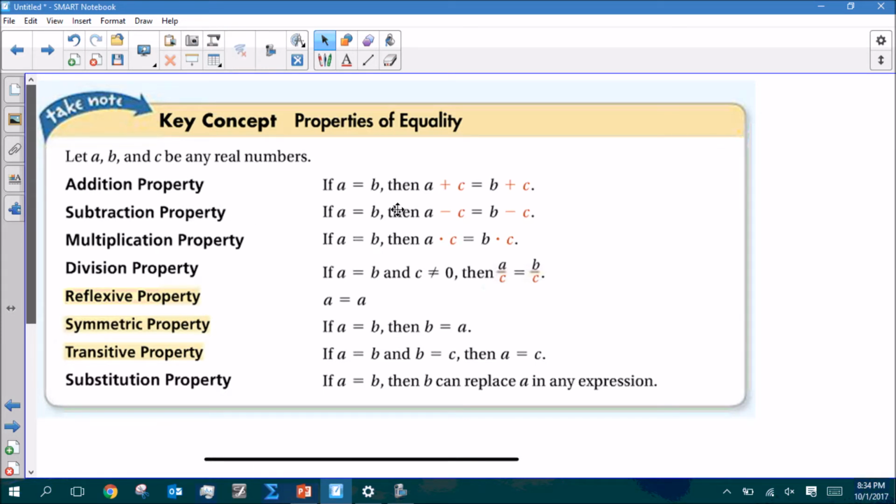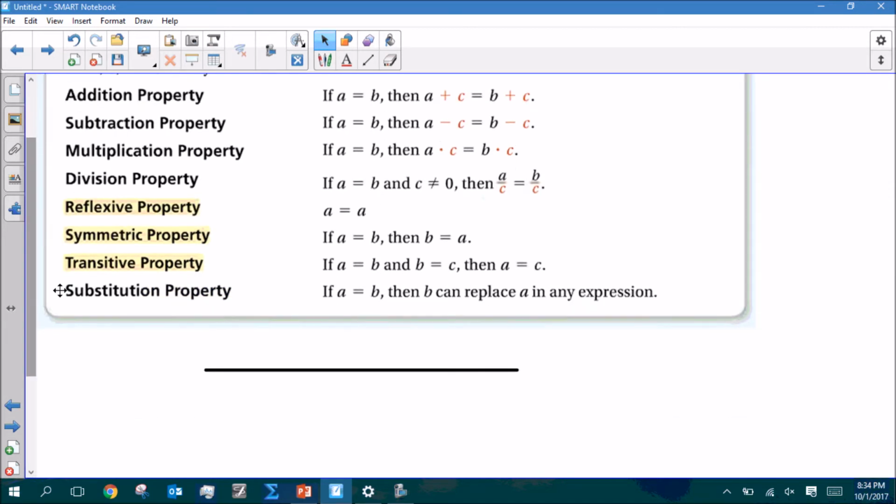Subtraction property of equality is the same concept. It says if I start with something like, let's just use some different letters here, X, Y, Z, and let's put W down here.